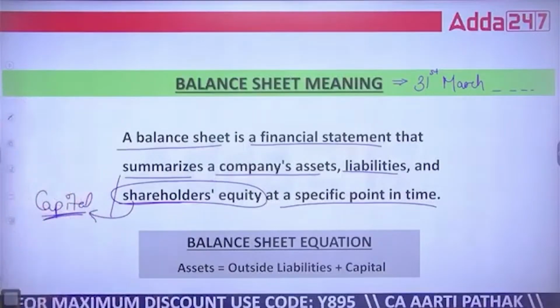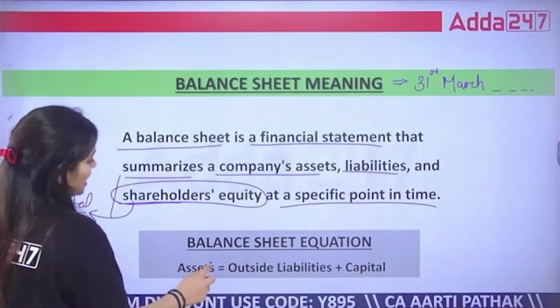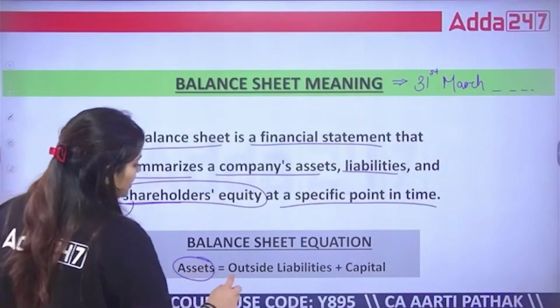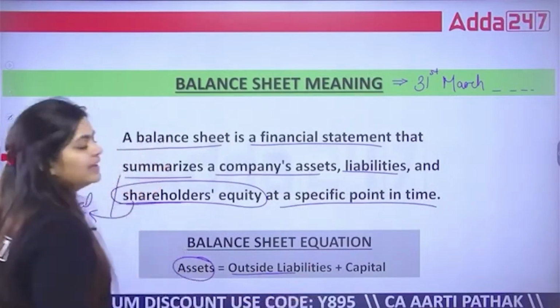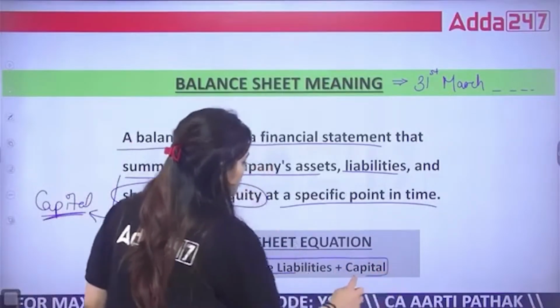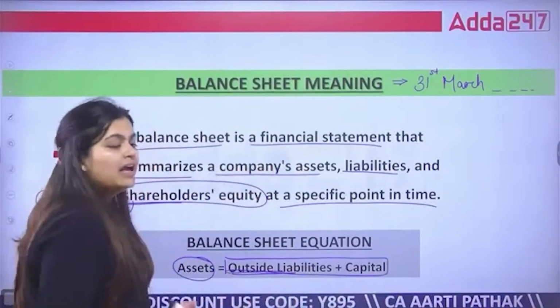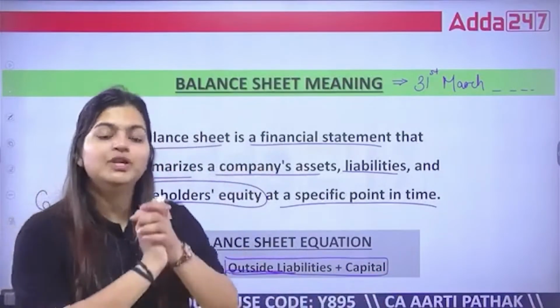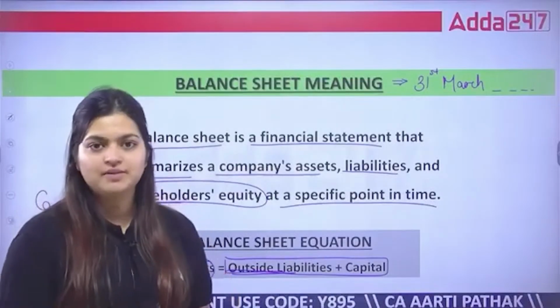Now, let's talk about the equation. Assets equal liabilities plus capital. Always remember your liabilities and capital are going to be added. You need to add these two things.